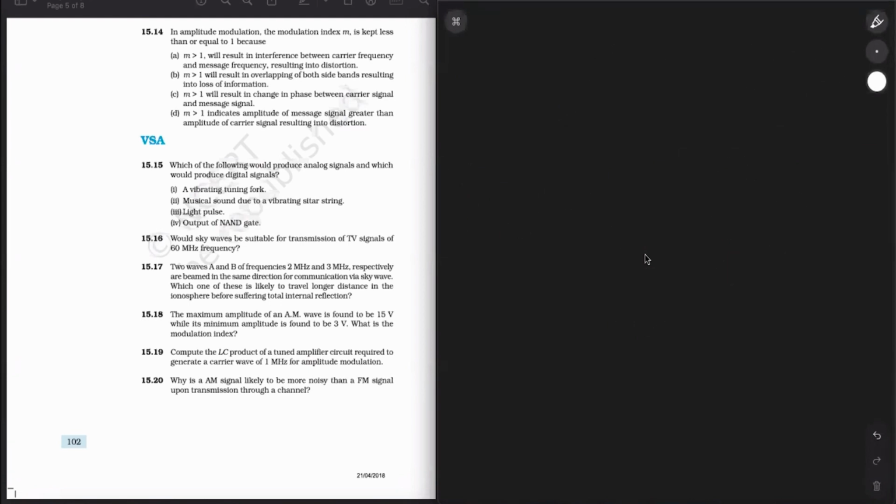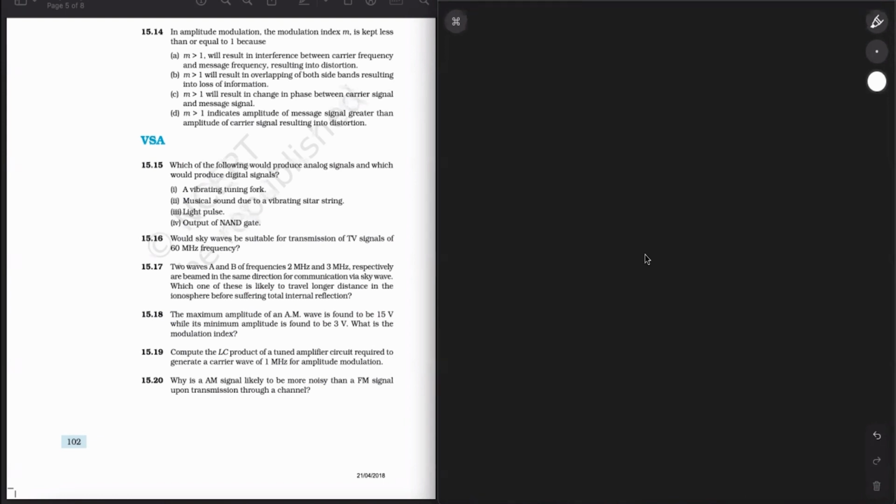Okay, so next up we have, would sky waves be suitable for transmission of TV signals of 60 megahertz frequency? So a signal to be transmitted through sky wave must have a frequency range of what? For sky waves it was 1710 kilohertz to 40 megahertz. But here the frequency of TV signals is 60 megahertz, so this is beyond the required range.